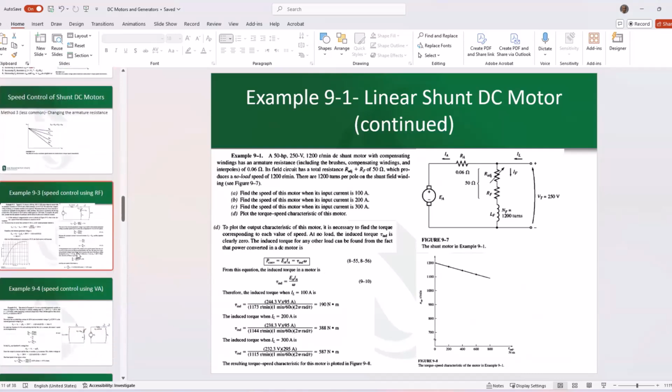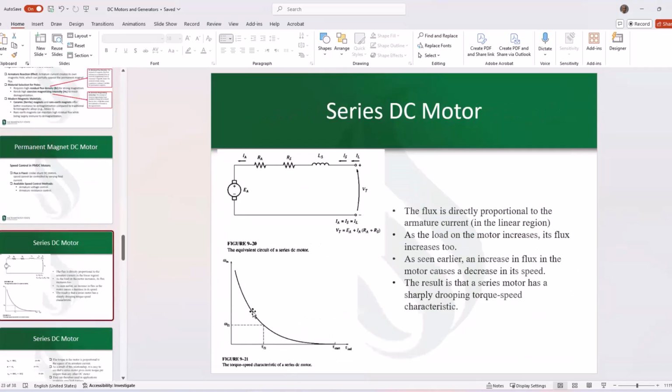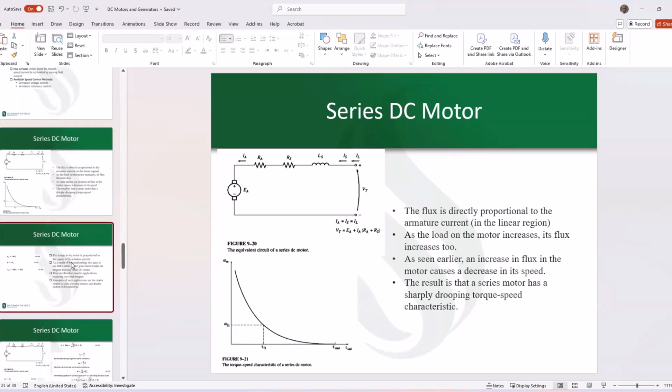But here in the series DC motor, you would have a very sharp decrease in the speed as torque increases. One of the advantages of this motor is that it can provide a high starting torque, which means torque when the speed of the motor is small or zero. So you can see that high torque can be provided at small or zero speeds.